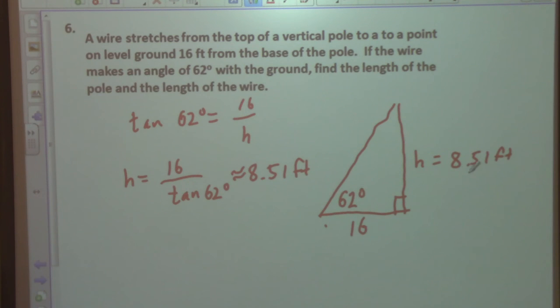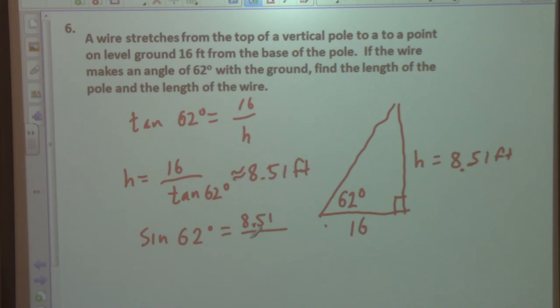Okay, and then you're also going to find the length of the wire here. How did you find that? So she gets sine 62 degrees equals your 8.51, is that what you got?